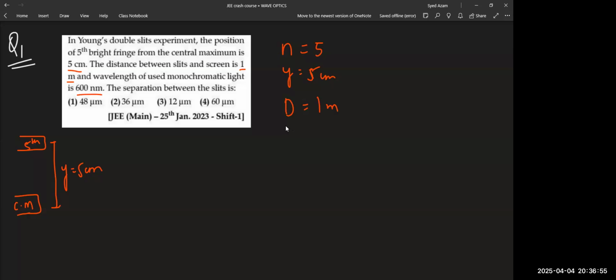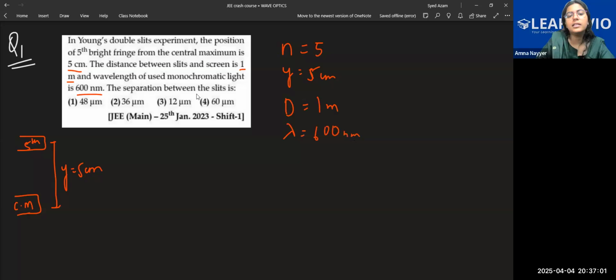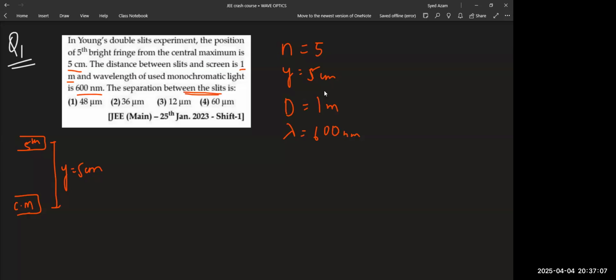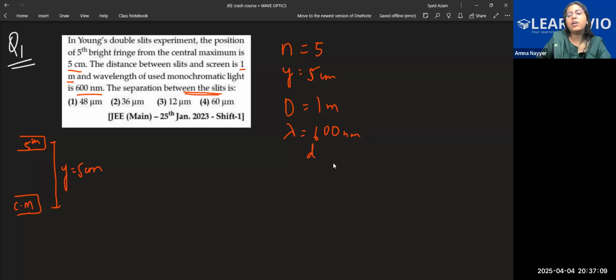Wavelength lambda. What do you have to calculate? Which variable? Small d. Correct. Small d we need to calculate. So see, this is the whole story of a bright fringe.